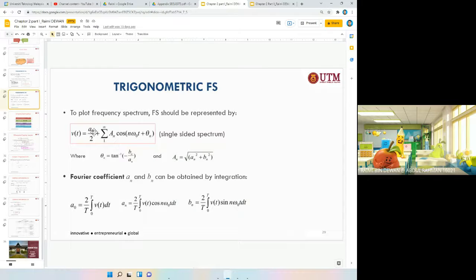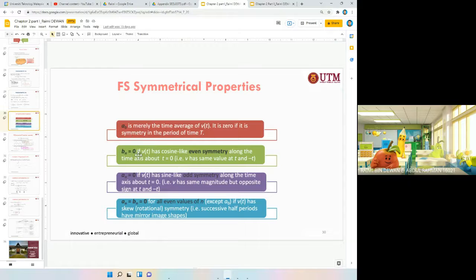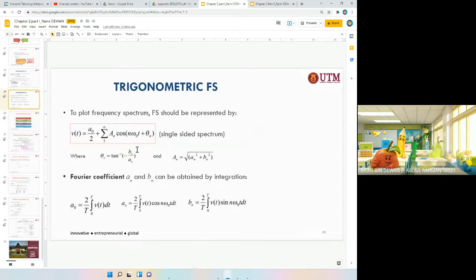And if it's cosine-like, so it is even symmetry, then Bn will be 0. The Fourier coefficient Bn will be 0.